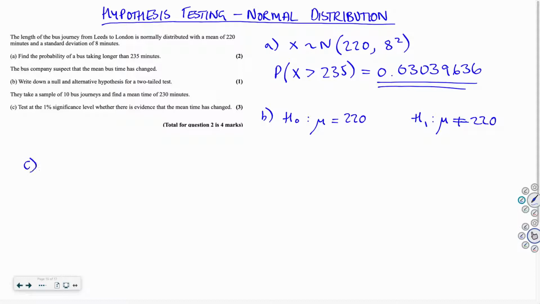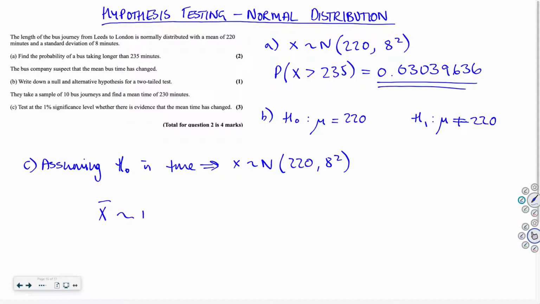So, assuming that H0 is true, the normal distribution we're going to have is X belongs to the normal distribution, and it's just like the one we had in part A. And from that we can say that our sample mean is normally distributed with a mean of 220. But remember, our second parameter is sigma squared over n. So it's going to be 8 squared over, and our n is 10.